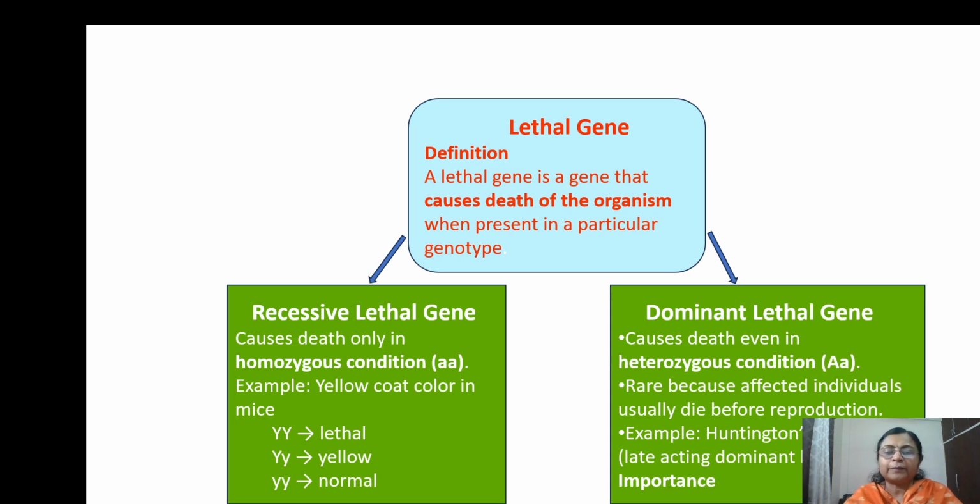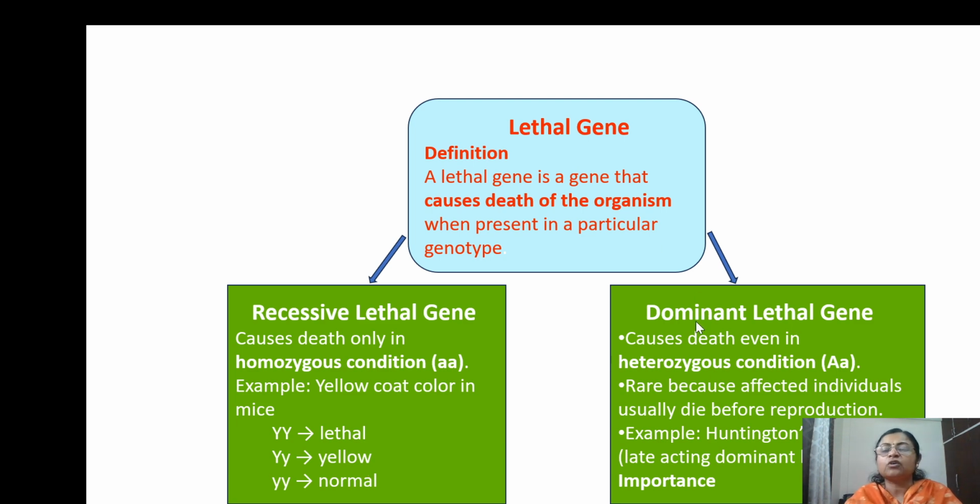So there are two types of lethal gene, recessive lethal gene and dominant lethal gene. Recessive lethal gene causes death only in the homozygous condition. See, yellow coat color in mice. So that is the recessive lethal form.